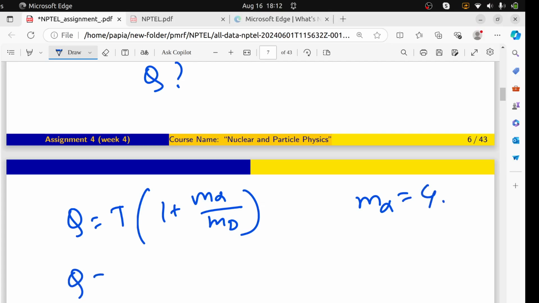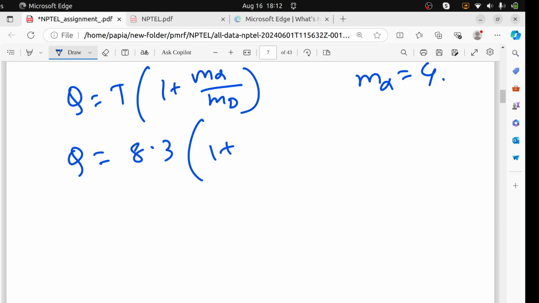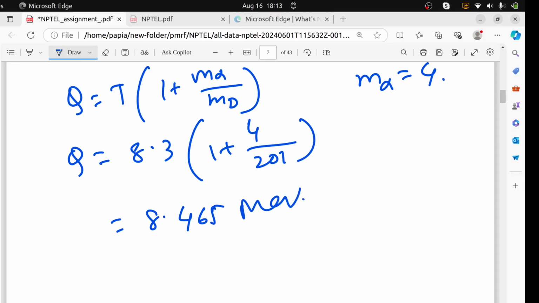T is 8.3, MD is 201. So 1 plus 4 divided by 201, times 8.3, is 8.465 MeV.